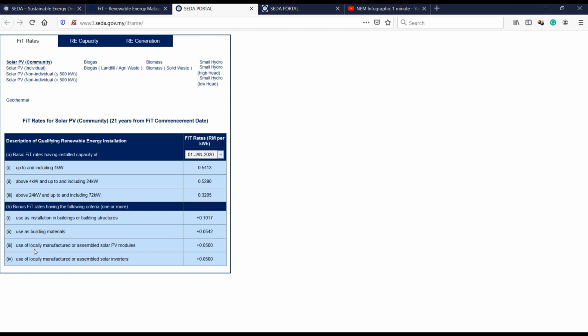Number three, use of locally manufactured or assembled solar PV module, you get another extra plus 0.05. And use of locally manufactured or assembled solar inverter or grid inverter, you get another extra plus 0.05. This is the FIT rate.